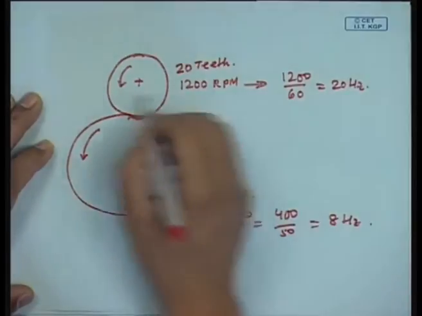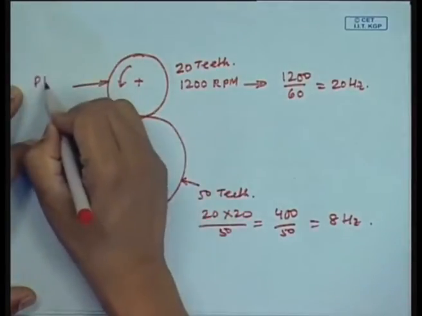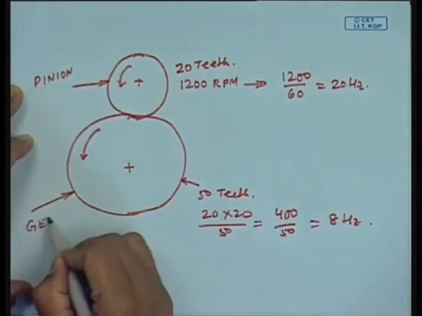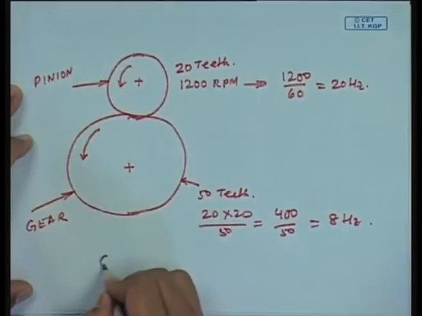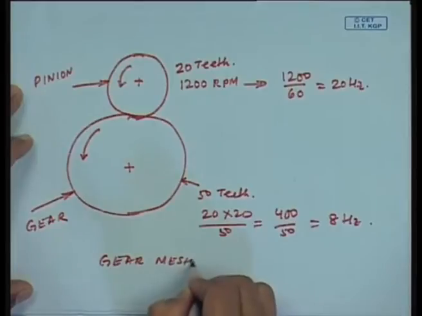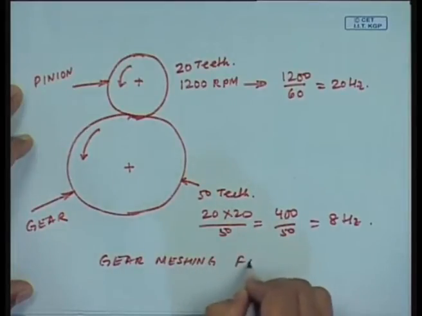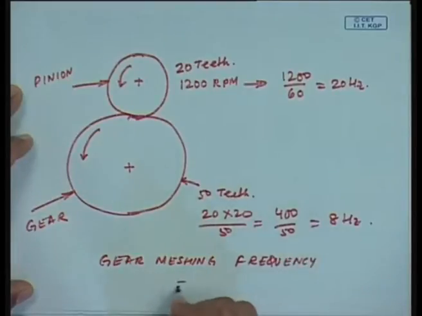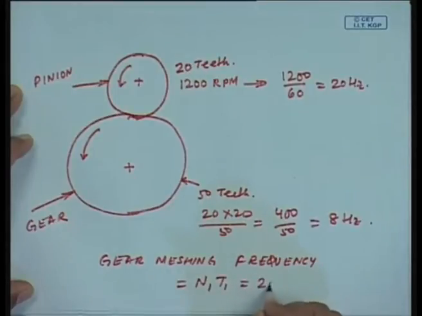So, the gear meshing frequency is nothing but N times T1, that is 20 times 20, or 8 times 50, that is 400 hertz.